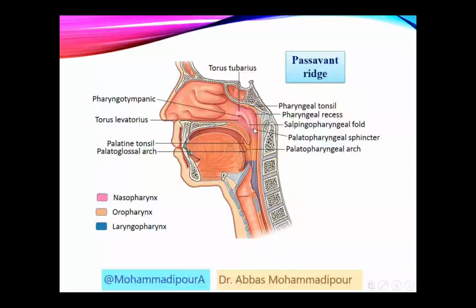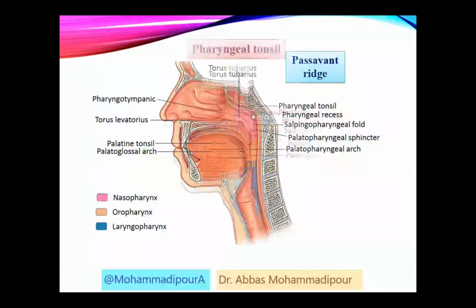Okay, here this area, the area behind the salpingopharyngeal fold and also behind and above the torus tubarius is the pharyngeal recess. Here is the pharyngeal recess, which contains the pharyngeal tonsil.